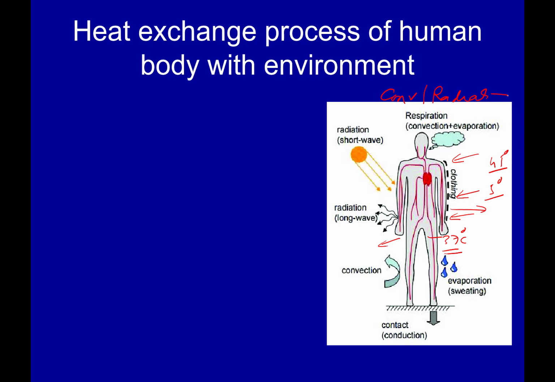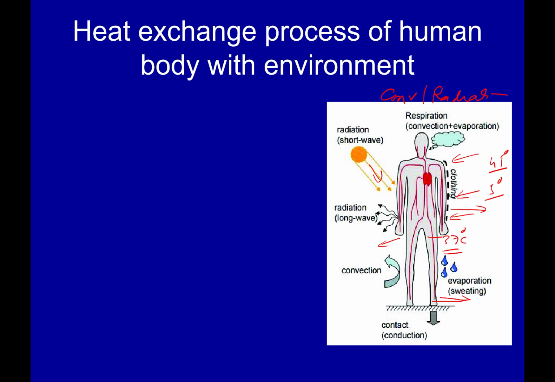Let's say when the temperature outside is high, then heat will be transferred by the radiation from the sun. Then if the temperature is high and sweating from the body is taking place, then evaporation will lead to heat loss to the surroundings through convection.